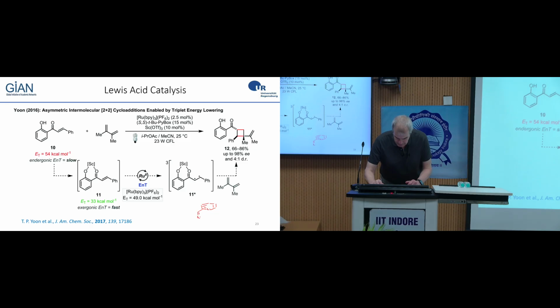So these are these type of chiral ligands. And he is using a tert-butyl group here, so it is this type of ligand structure which he has. And so then with the scandium triflate, you're forming such a complex.